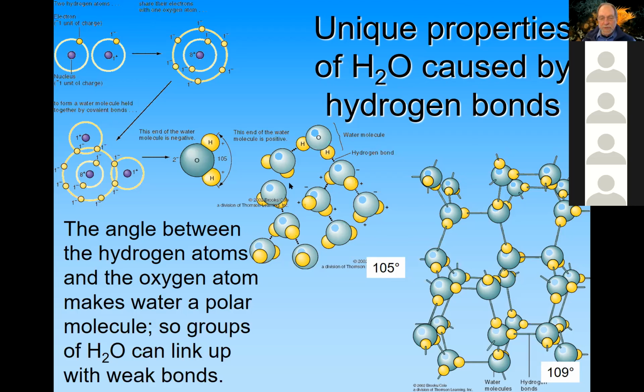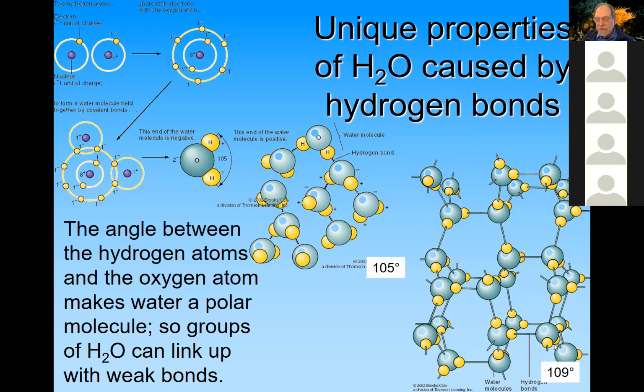As we lower the temperature, there's less energy, and eventually when everything binds together in a rigid lattice, when all of the water molecules are bonded to all of the other molecules, the average angle between molecules increases to 109 degrees.